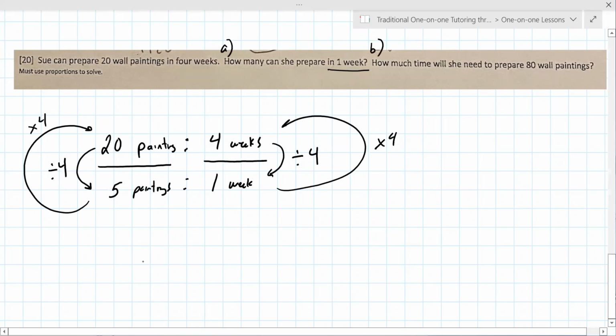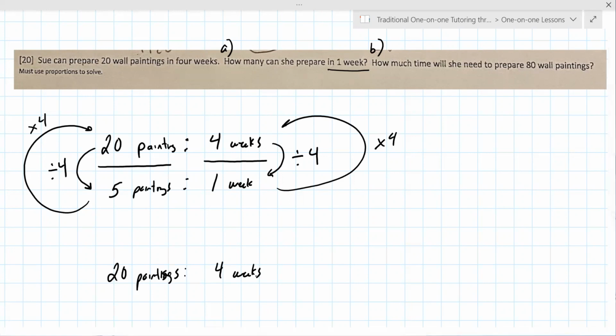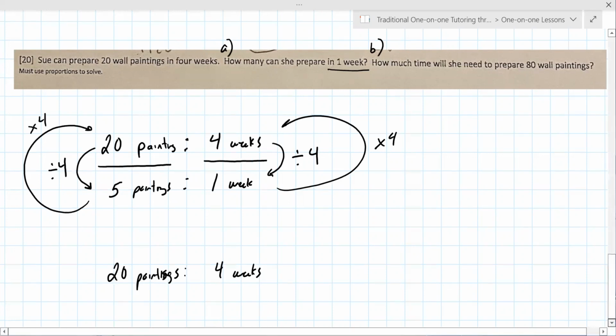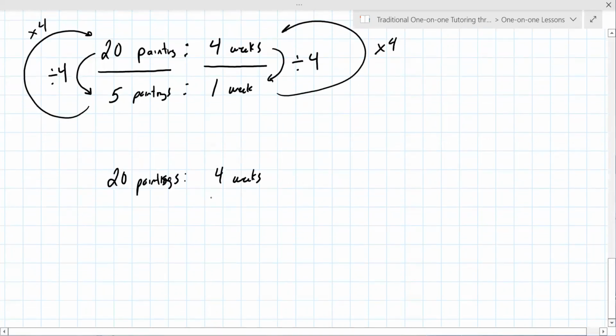For part B, let me know when you're ready. I'm ready. Okay, it says, how much time will she need to prepare 80 wall paintings? So again, I've written the proportion that we've started with. Now, where does the 80 go? Is it on the left or the right?